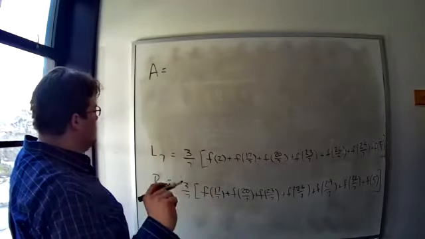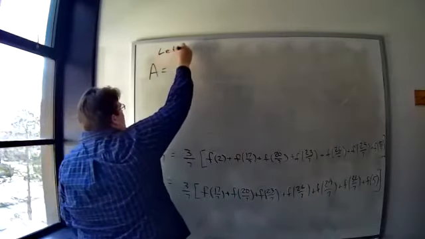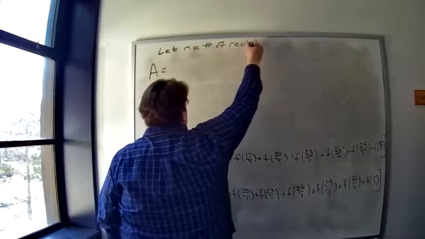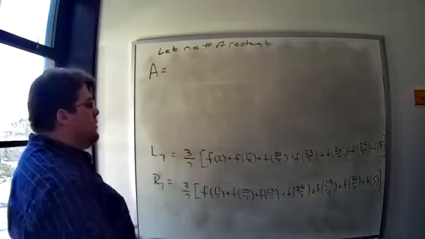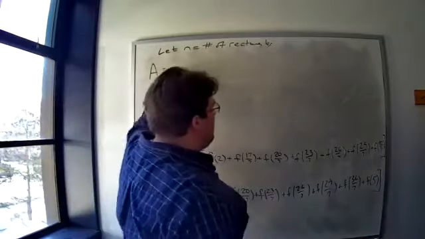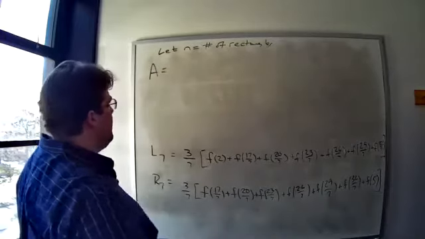Maybe I should write this one. Let n be the number of rectangles. So what we're going to do is set up an approximation of the area with n rectangles, and then we're going to let that number go to infinity.